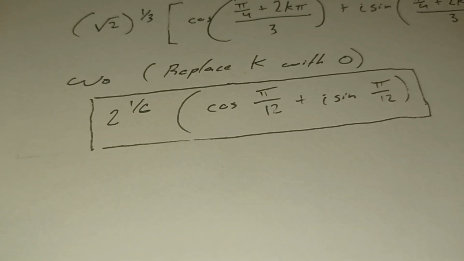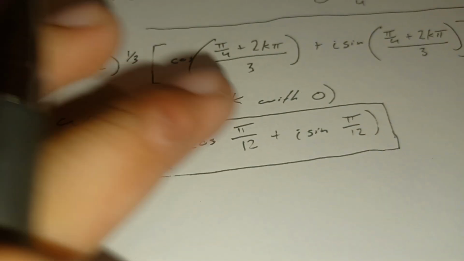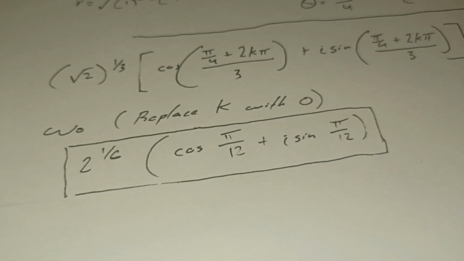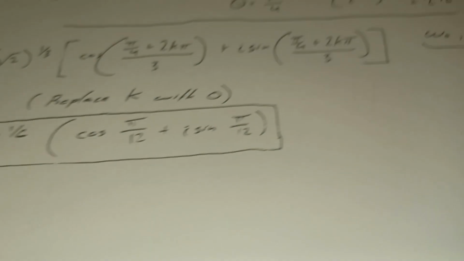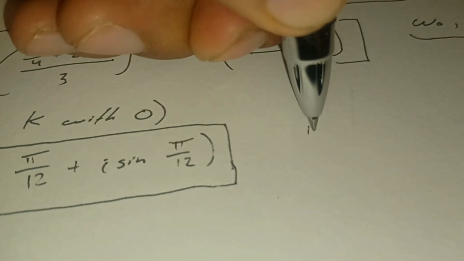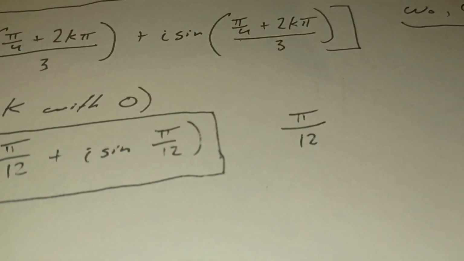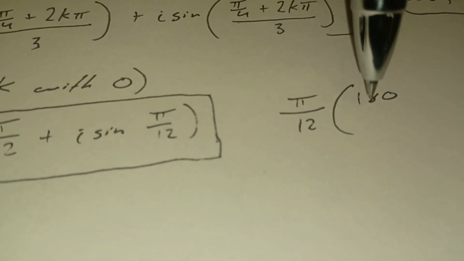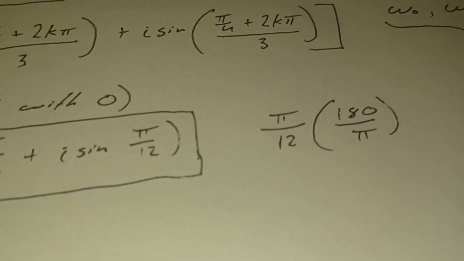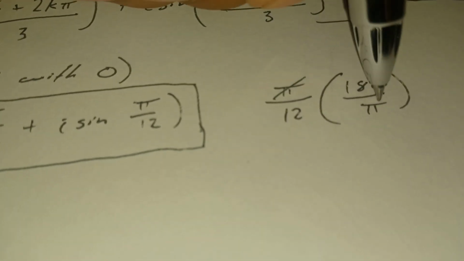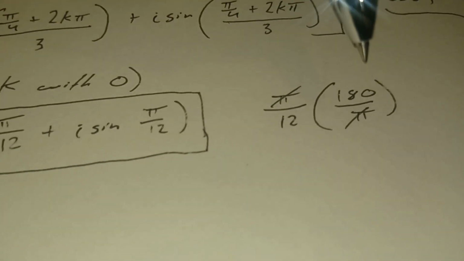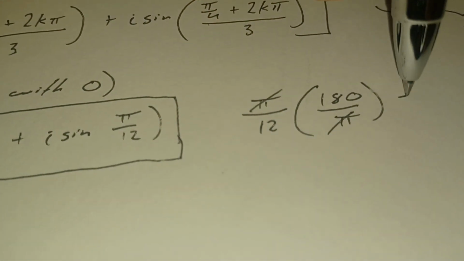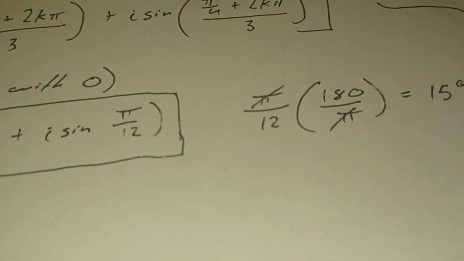Let's say, for example, they don't want radians. This is in radians, and they want degrees. You want to convert this into degrees. That's okay. We just take the pi over 12 and convert it to degrees by multiplying by 180 divided by pi, where the two pi's cancel out. So now you have 180 divided by 12, which is 15 degrees, I believe.